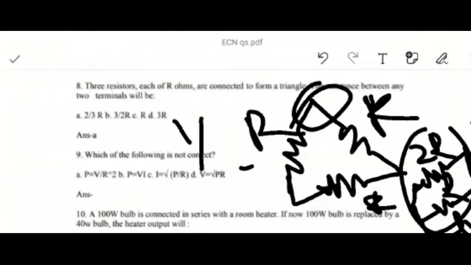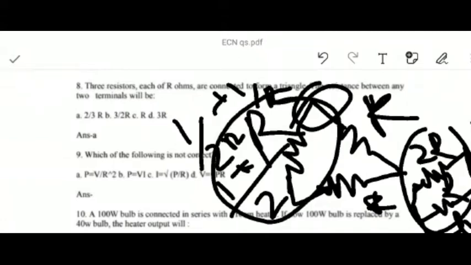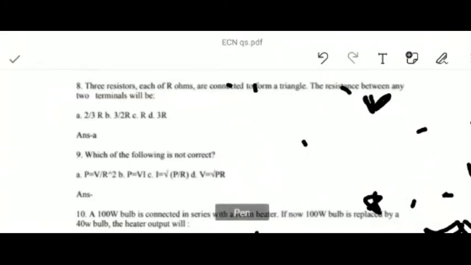Then 1 by 2R plus 1 by R equals 1 by R equivalent. When you solve this, you will get 2 by 3 R as our correct answer.